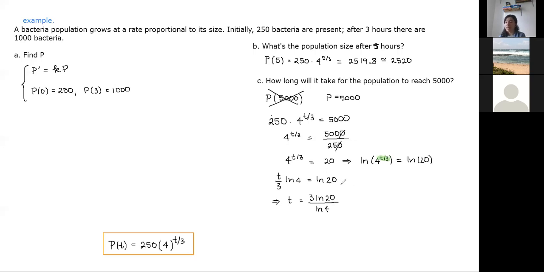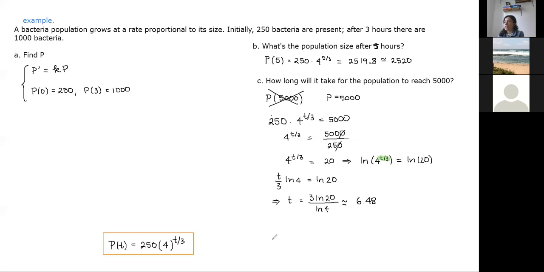Now, as I've said before in the class, if you want to find the value of t, the best idea is to plug everything in your calculator at the same time, because otherwise you might end up compounding some mistakes, right? So the idea here is to write all of this in your calculator at the same time, which would be 3 times ln of 20 divided by ln of 4. And if you evaluate that, you're going to get approximately 6.48.